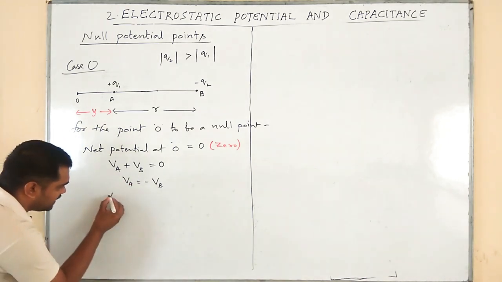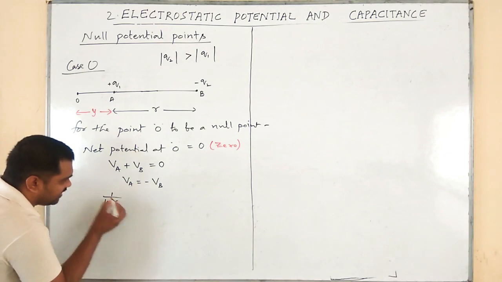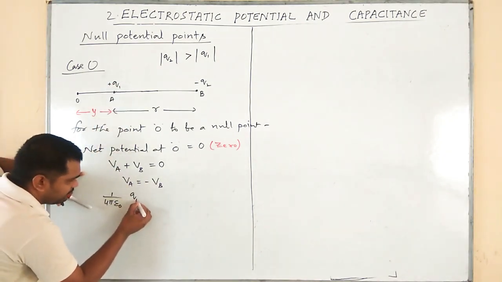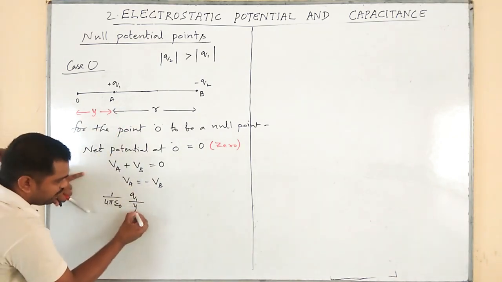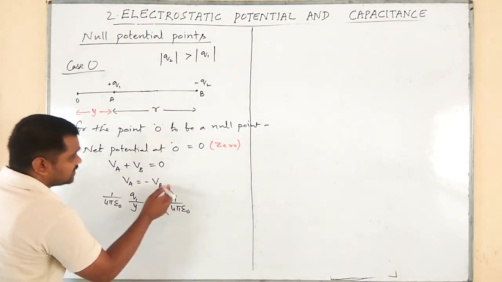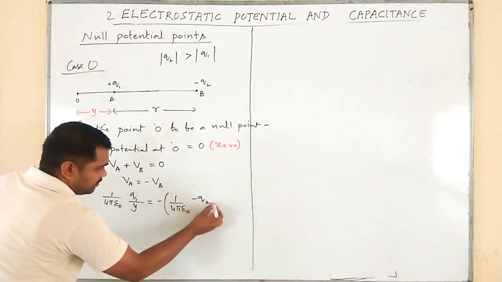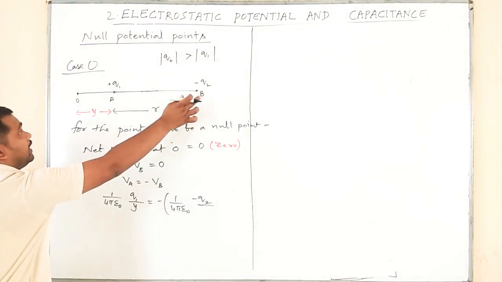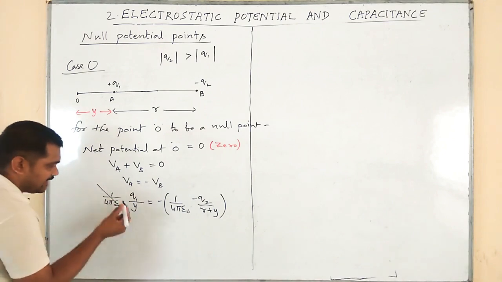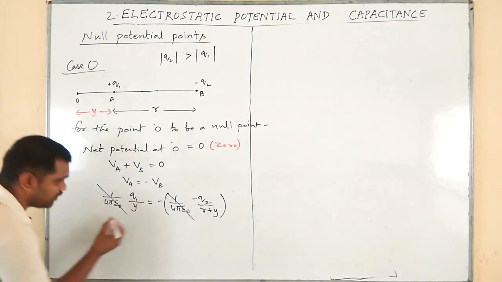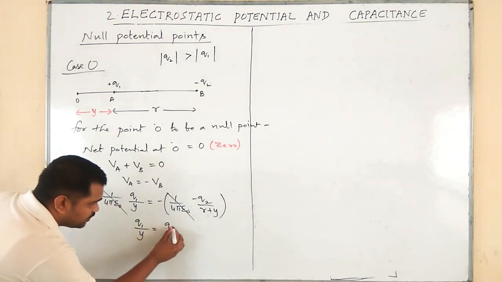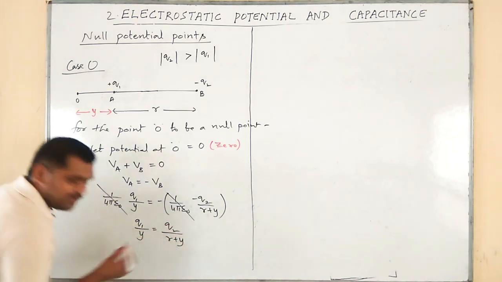The value of VA is 1 over 4 pi epsilon naught QA divided by distance, that is Q1 divided by Y, is equal to minus of 1 over 4 pi epsilon naught QB, that is minus Q2, divided by the distance of B from O, which is R plus Y. Next, I will cancel 1 over 4 pi epsilon naught on both sides. It becomes Q1 over Y is equal to Q2 over (R plus Y).